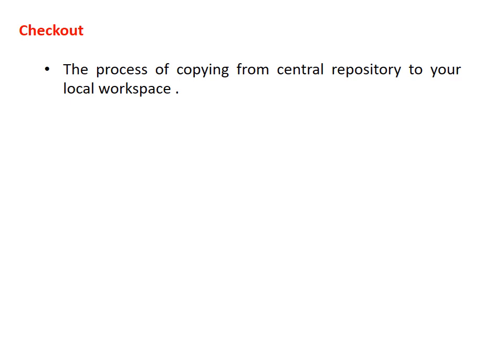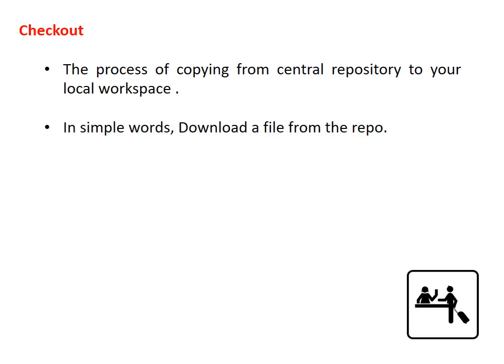Checkout: the process of copying the content from the repository to your local system is said to be checkout. In simple words, downloading a file from the repository, or repo, is said to be checkout. The copies you downloaded are the working copies.